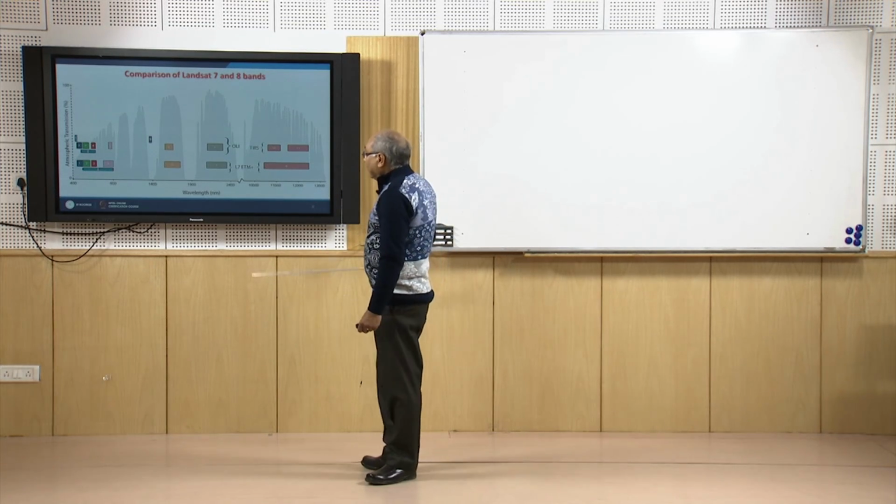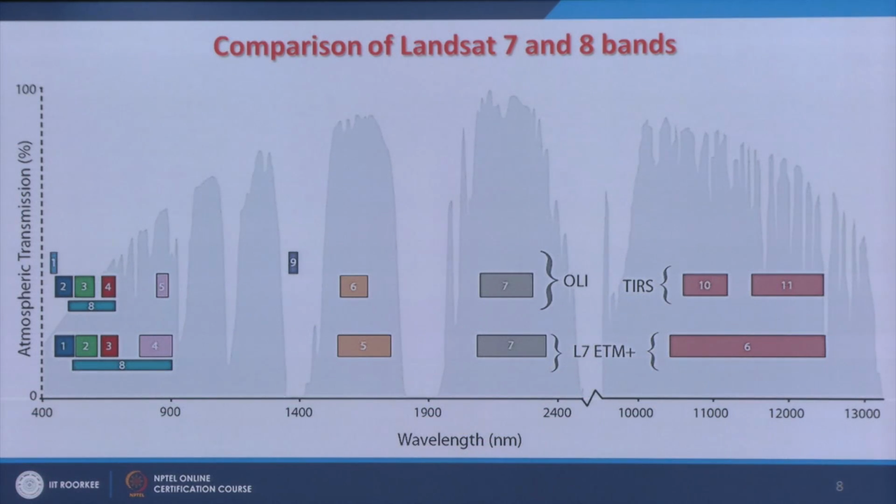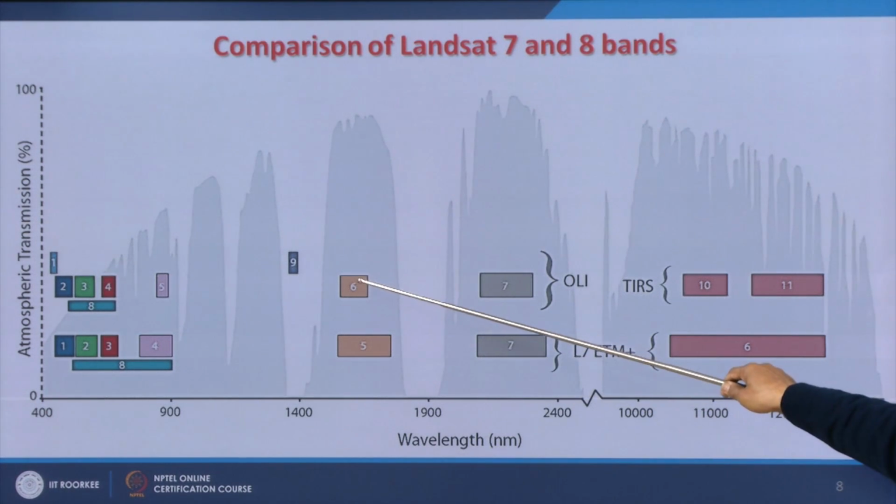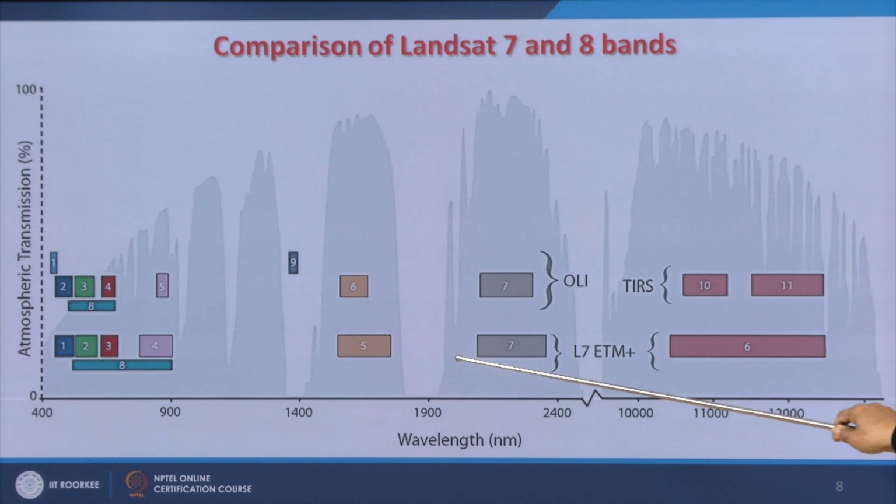So, comparing Landsat 7 and Landsat 8, there is a difference: Landsat 8 is band 6 and Landsat 7 band 5. Again, band 5 of Landsat 7 has almost double the width as compared to band 6 of Landsat 8.